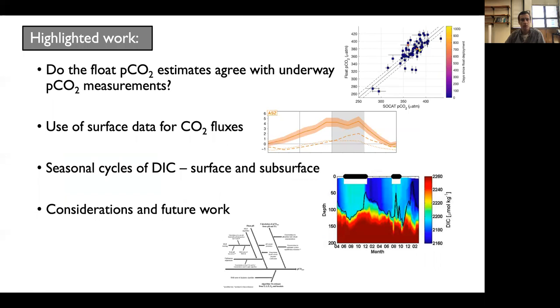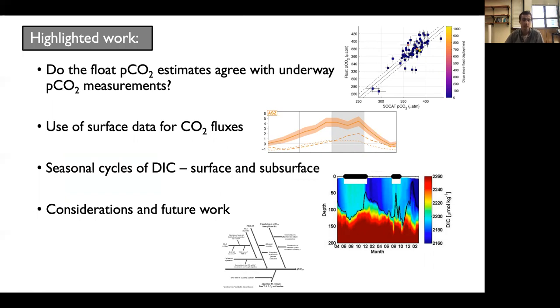So what are we going to look at today? First, this is a rundown of the 4 areas that I'm going to focus on. One is just, do float PCO2 estimates agree with underway PCO2 measurements? That is something that we continue to have to look at, because the PCO2 that we get from floats is not a measurement.